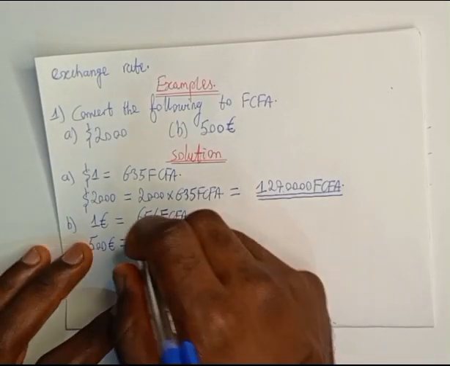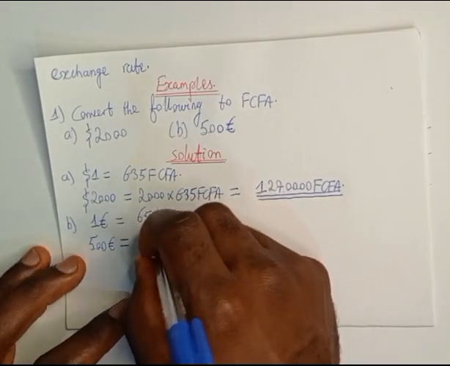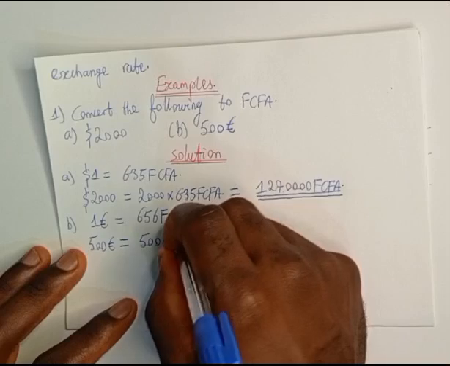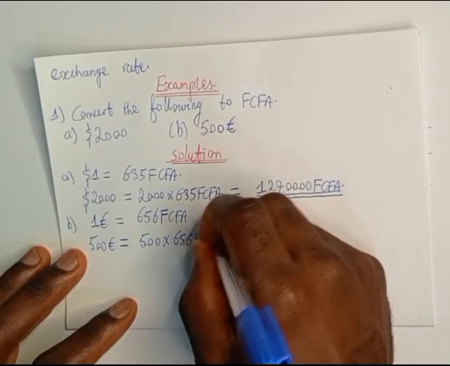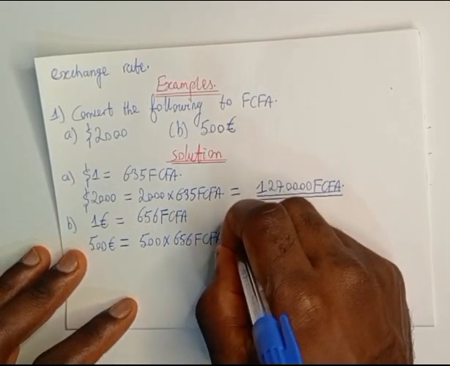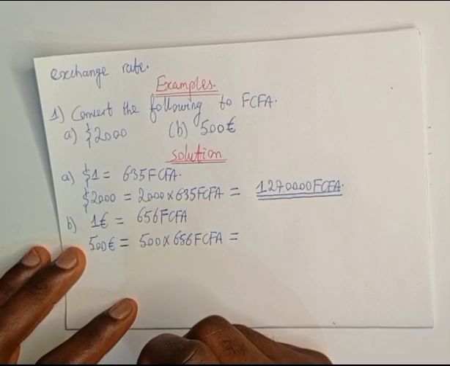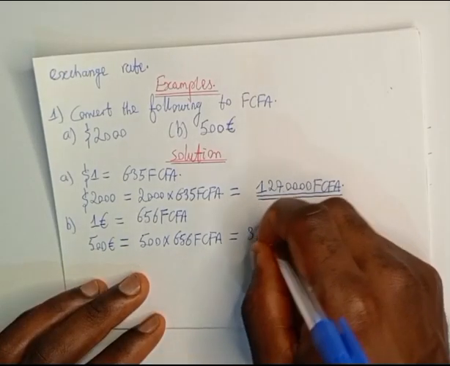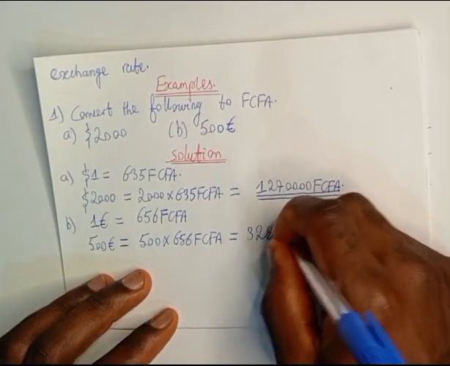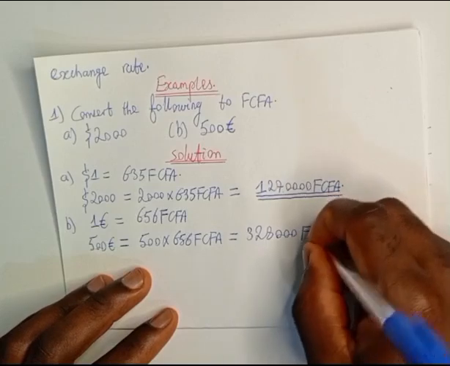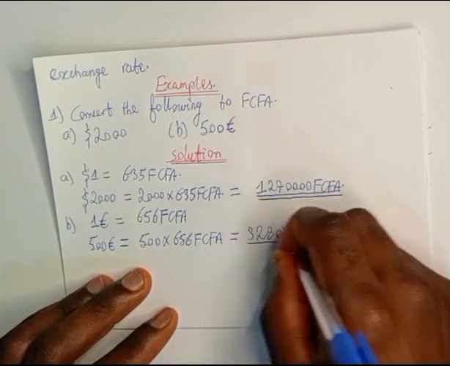We are going to multiply the exchange rate by 500. 500 times 656 francs CFA. And this will simply be equal to 328,000 francs CFA.